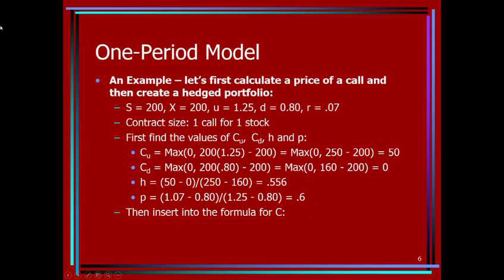So therefore 1 minus P must be 0.4. Stick that into your formula. The value of a call is equal to P times CU, 0.6 times CU, plus 1 minus P times CD, divided by the interest rate. That gives you 28.